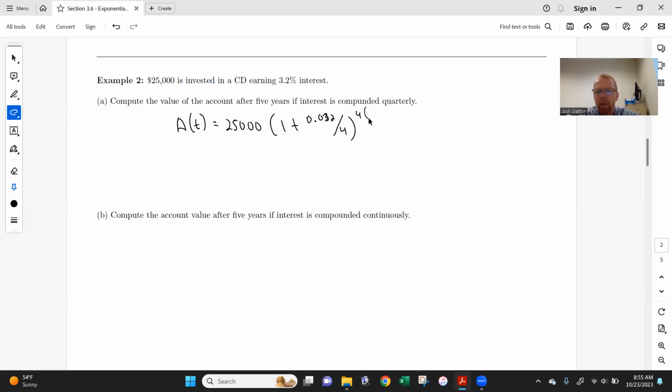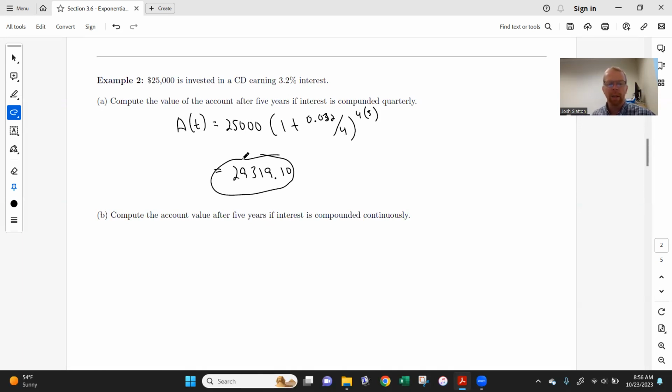And then 4 for n, and then we're compounding for 5 years. And we can just plug that straight into the calculator, and we get $29,319.10. Right. So easy enough.